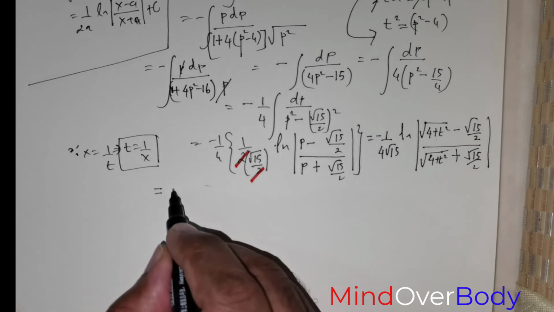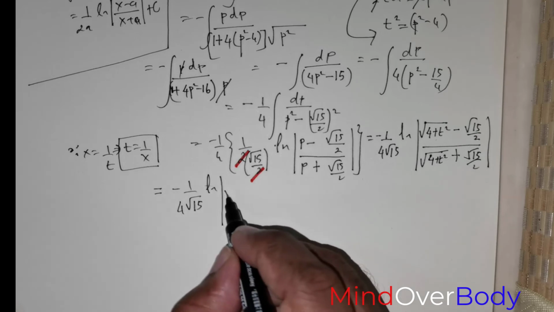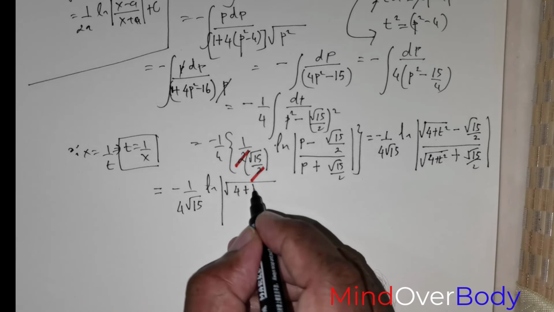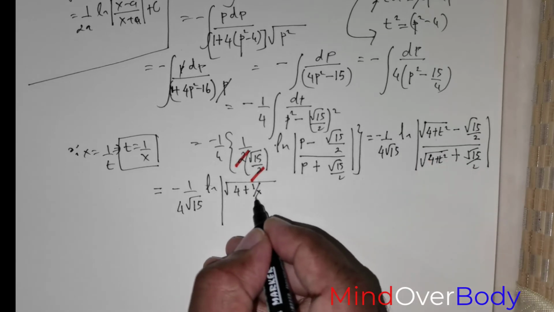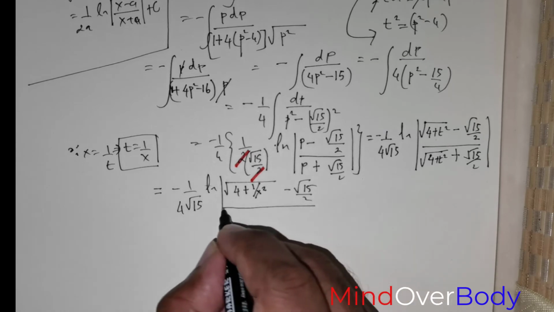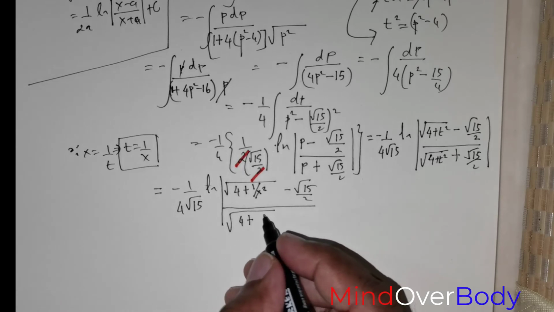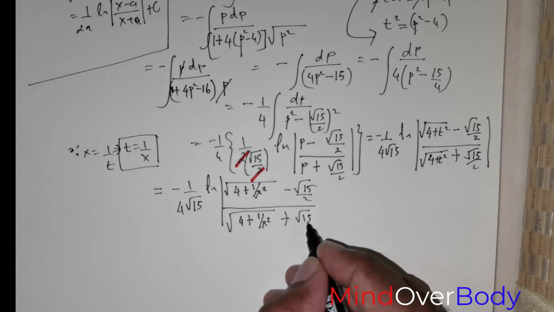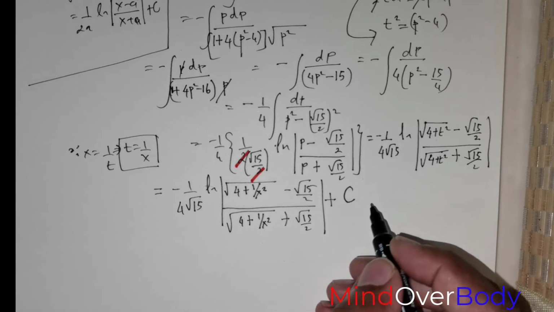So it's going to be minus 1 over 4 times root of 15 ln modulus root of 4 plus 1 over x raised to the power of 2. So that is placed here, minus root of 15 over 2 divided by root of 4 plus 1 over x raised to the power of 2 plus root of 15 over 2 with the modulus sign plus arbitrary constant c.